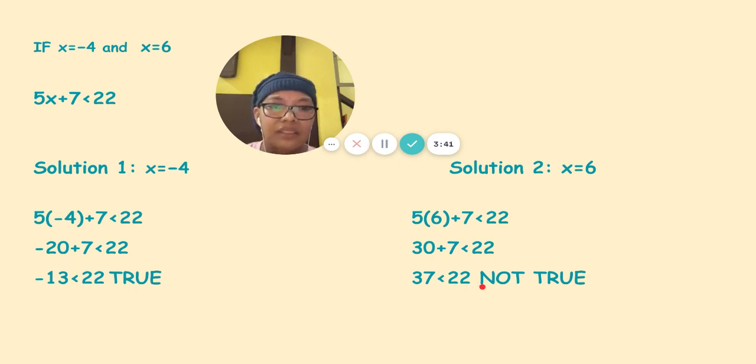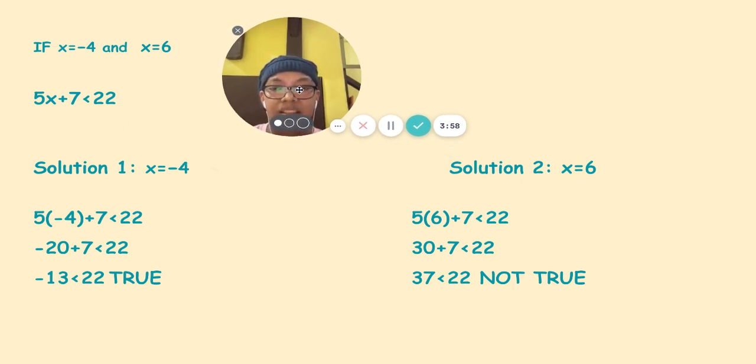Of course not. So the statement is not true. Therefore, 6 is not a solution to our expression 5x plus 7 is less than 22. So that is how you will check if a number is a solution or not. So you substitute it.